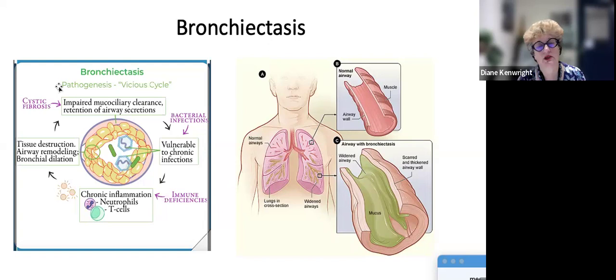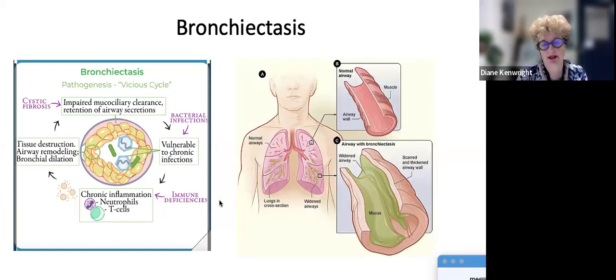Okay, so let's have a look at that again. Bronchiectasis, for example, is typical in cystic fibrosis, but it can happen in any disease that causes obstruction of the airways. Like cystic fibrosis, it's mucus plugs, but it could be anything. So we have impaired mucociliary clearance, retention of airway secretions because it's blocked, which leads to chronic infections.